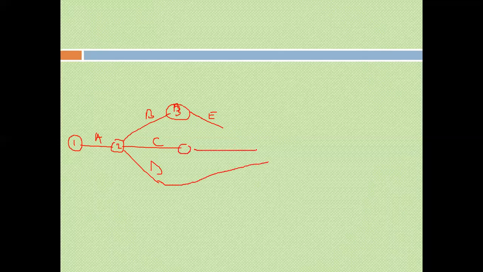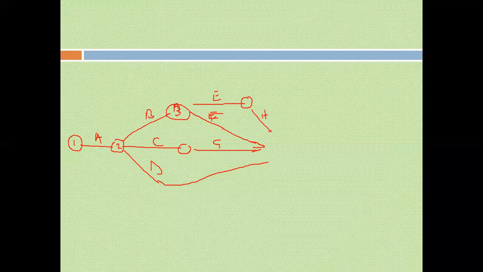This, we were getting C here, here we were getting F. Here we had E, E was giving way to H, and all these were completing, they were terminating at this point, which I'm calling 4, so this is 5. And so this one gave way to J, and J gave way to K.